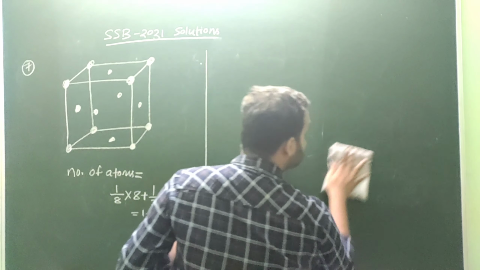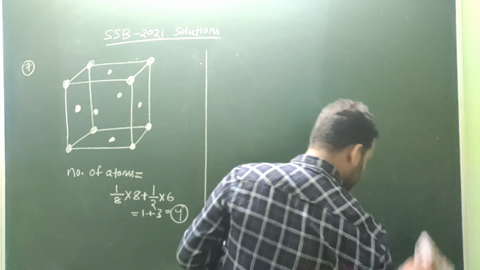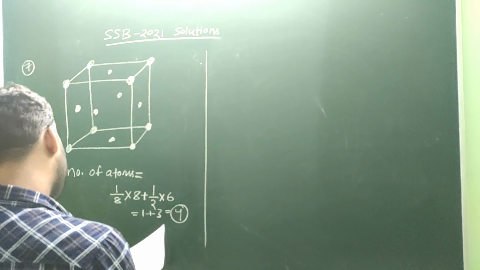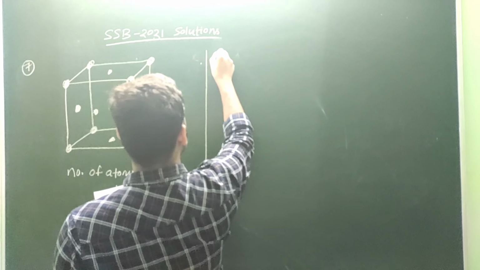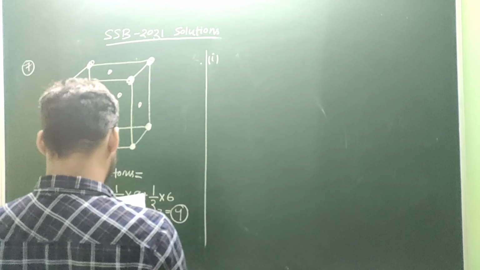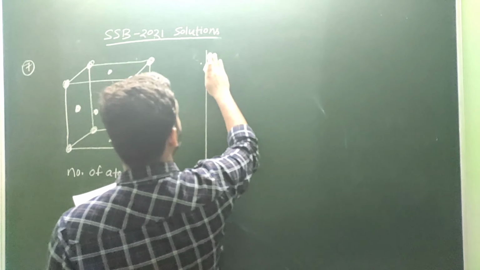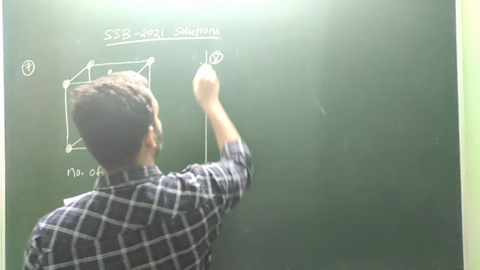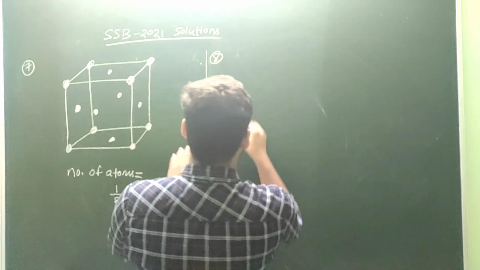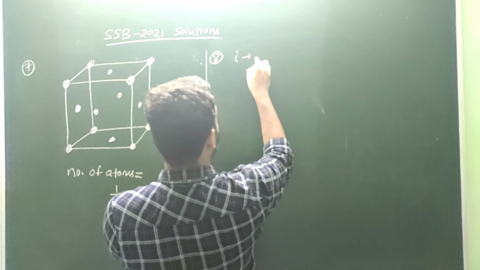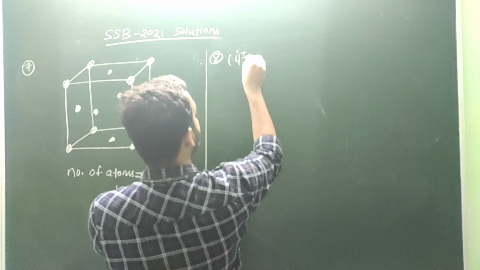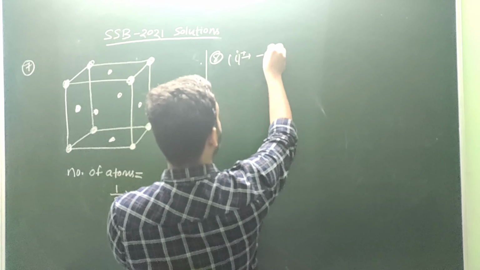Okay, and the last question in this video is, he has given 4 options, and he is asking for which operator is Hermitian. So first option is d by dx. Let me tell you some fundamental things. If you take i, then this is not Hermitian, because if you take the complex conjugate, then this will give you minus i.